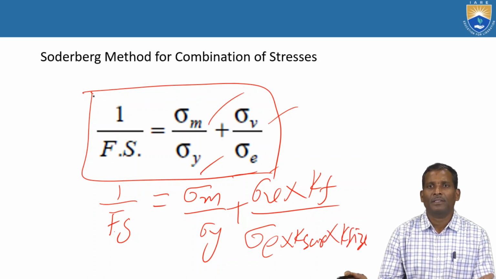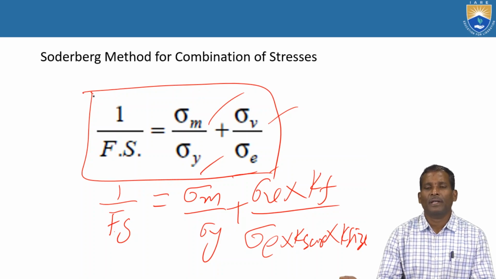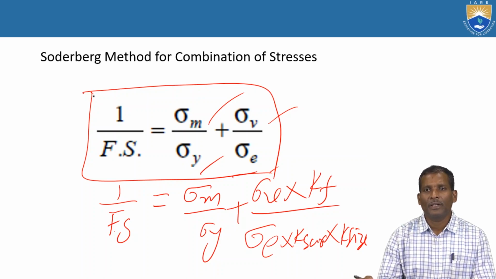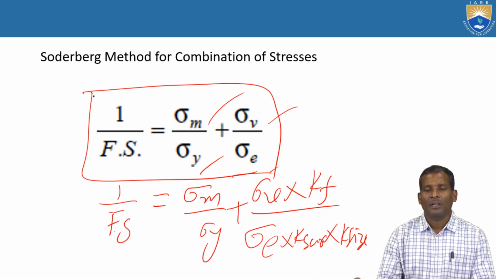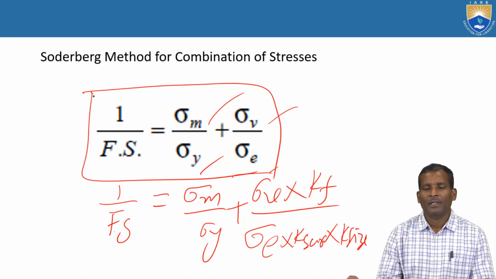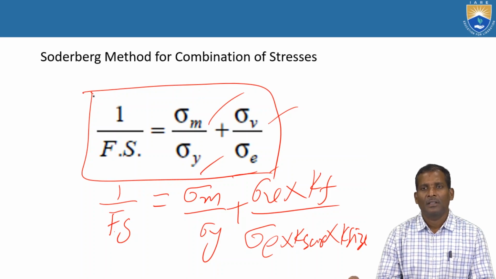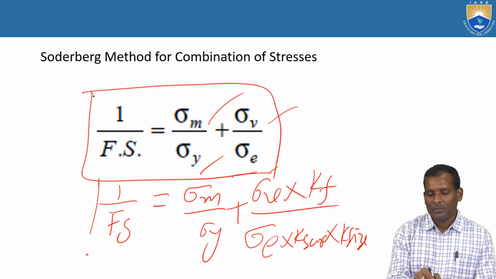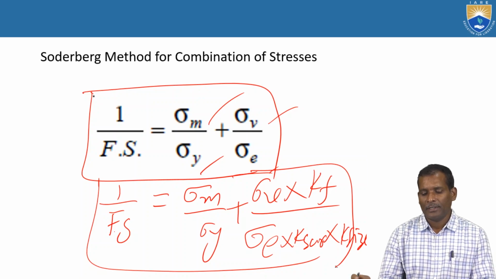Here two factors are available. If more factors are there, like temperature factor, reliability factor, impact factor, etc., you need to multiply. So substitute those values and calculate.